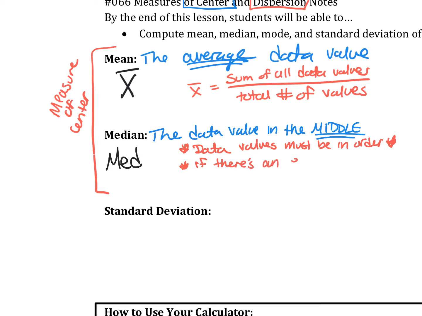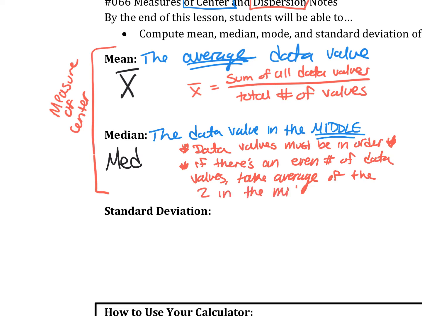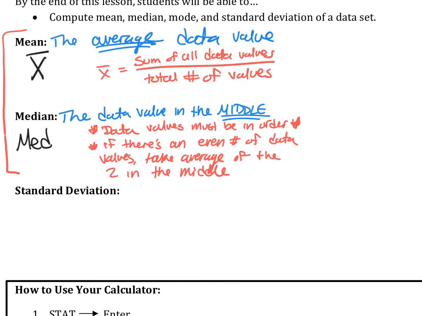So if there's an even number of data values, take the average of the two in the middle. So again, these two things are important if you're doing it by hand. But if you have your graphing calculator, you can just use that as well.